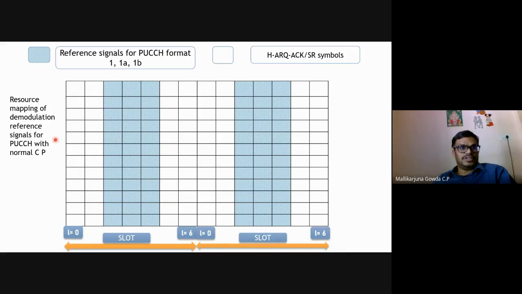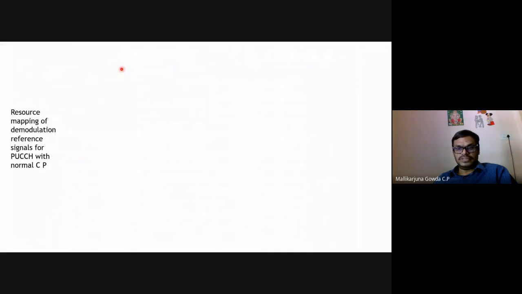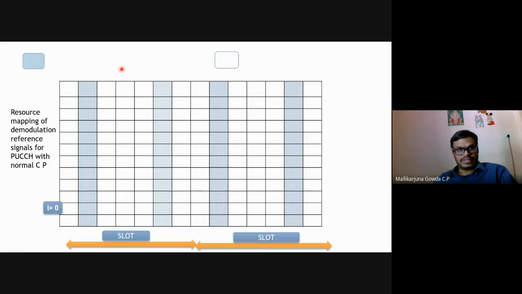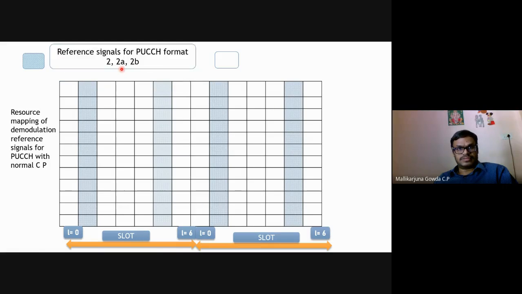This is for PUCCH with 1, 1A, 1B. Okay, for 2, 2A, 2B, I said it is 1 and 5. Right? So it is 1 and 5. So this is L equal to 0 and this is L equal to 1. Then it is 2, 3, 4, and it is L equal to 5.